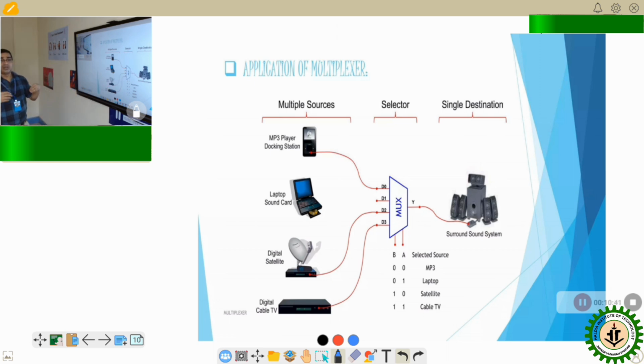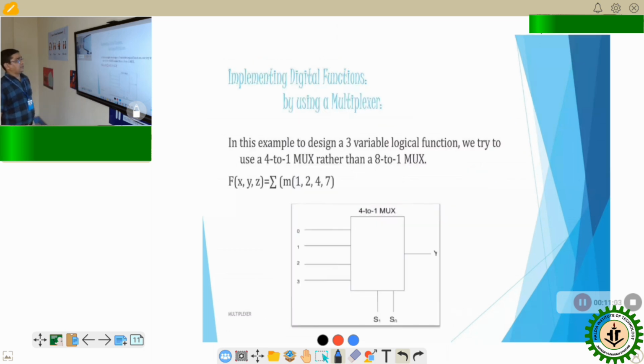We will listen to the sound, but which source is connected to the data input and selected is decided by the select inputs. So the multiplexer is a selector. Next, suppose there is a 4:1, 8:1 or 16:1 multiplexer, and the function given is f of x y z equal to summation of m 1, 2, 4, 7.